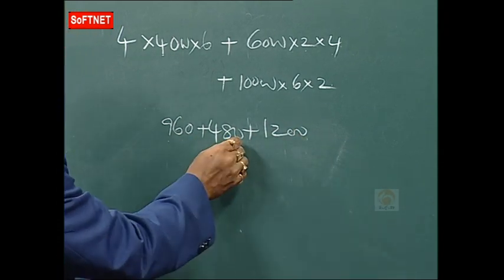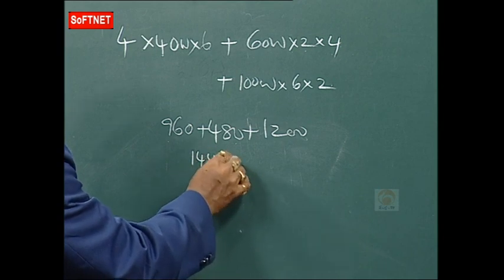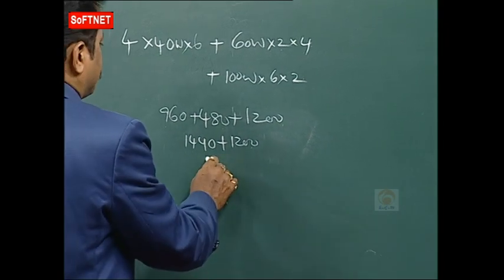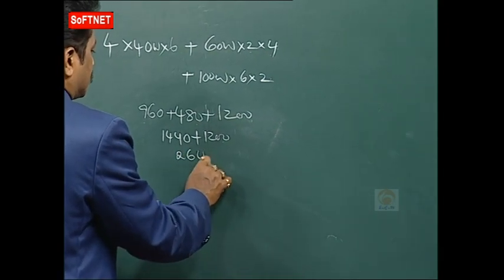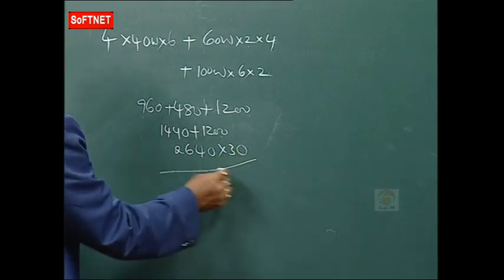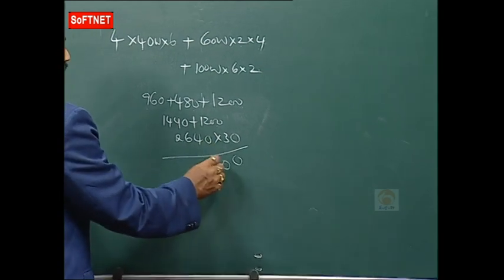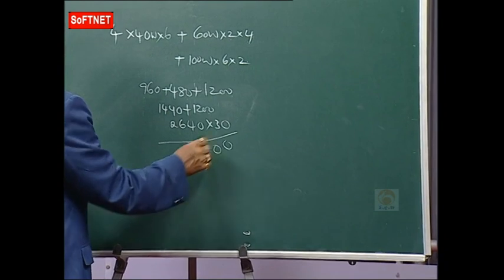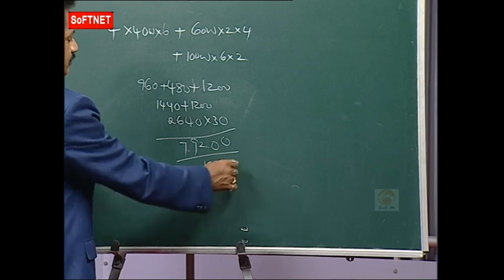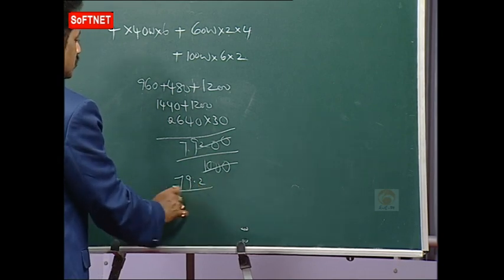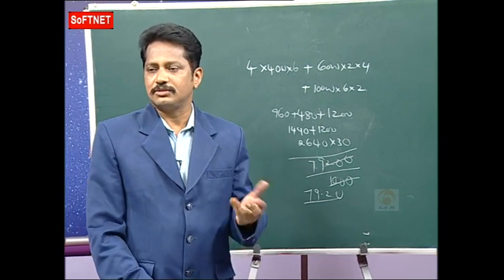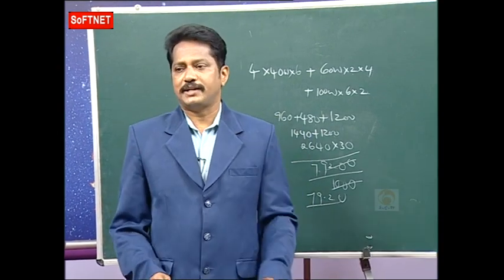So 960 plus 480 is 1440 and this is 1200, so simply 1440 plus 1200 is 2640, and it is for 30 days, so you multiply with 30, and you have to divide by 1000, so 79.2 units. Simply you can say 79.2 units. So you consume 79.2 units per month.